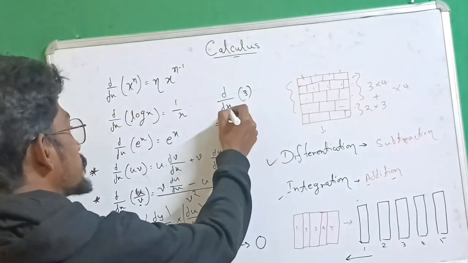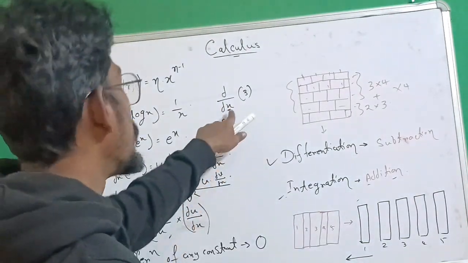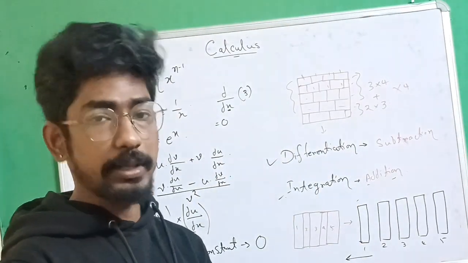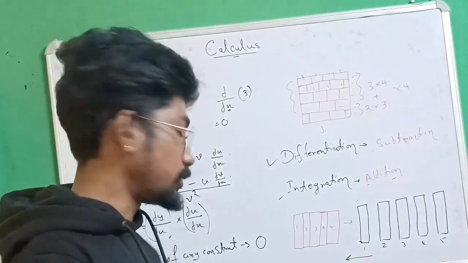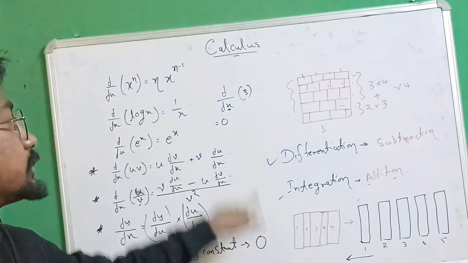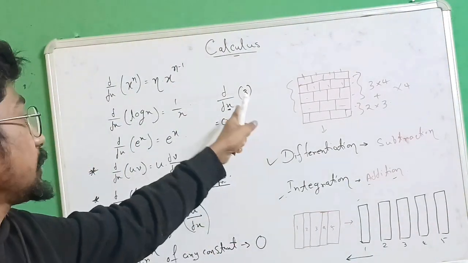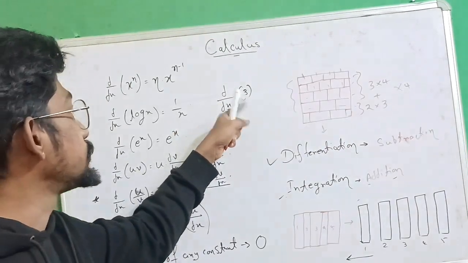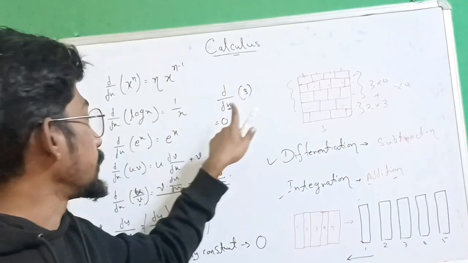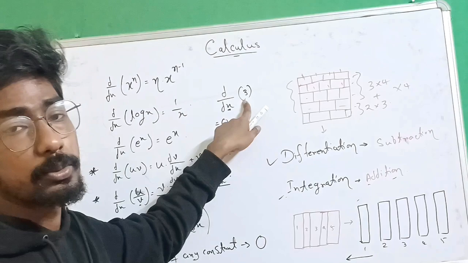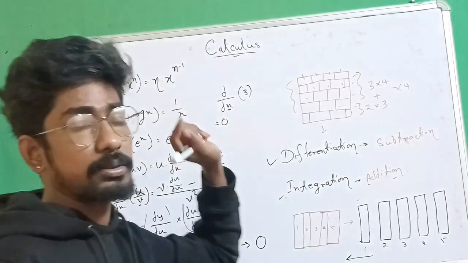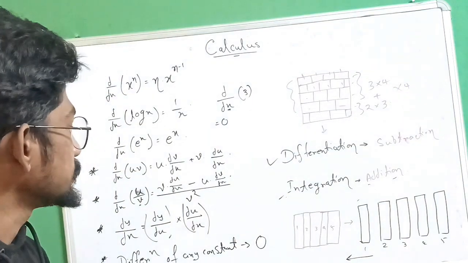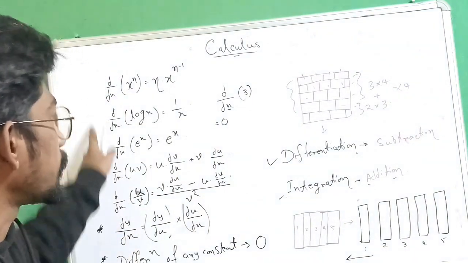Any number that is not related to the operator, here the operator is x, the differentiation will always be 0. Differentiation of any constant is 0. The constant here is a number or function given to you that is not related to the operator x, therefore the differentiation will be 0. Understood, right? These are the basic formulas.